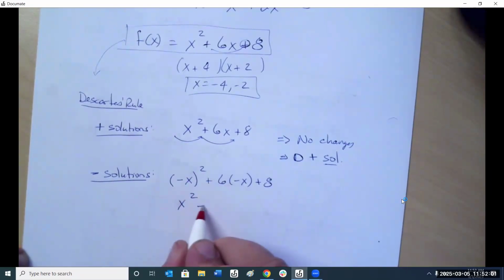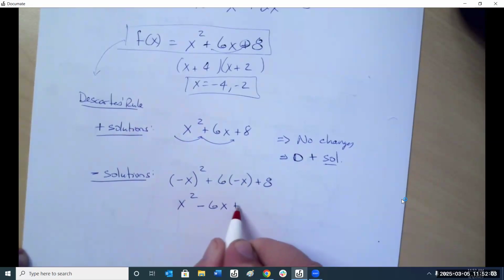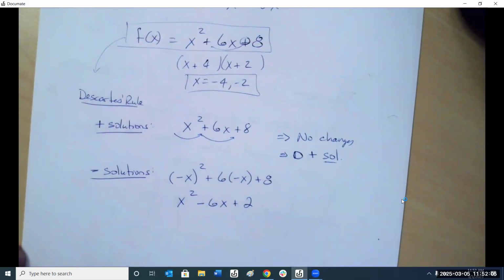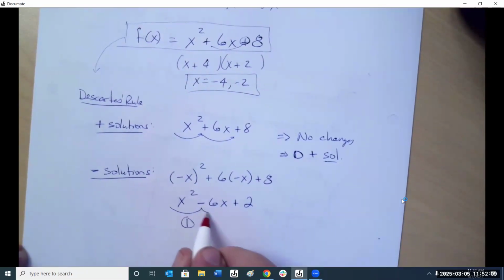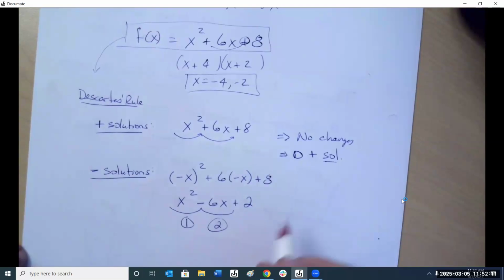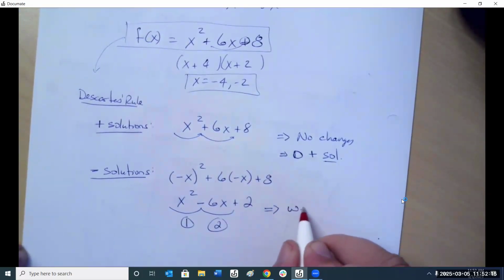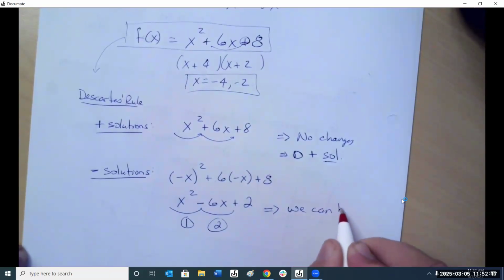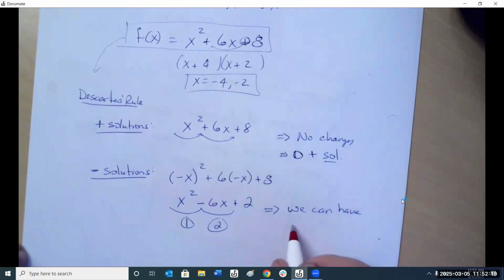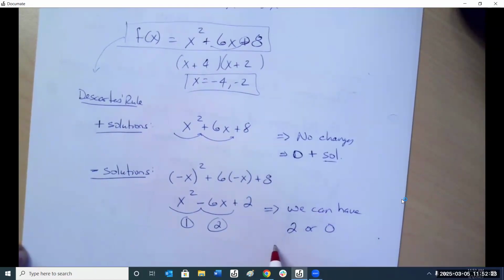Negative and positive is a negative. Is that a sign change? Is that a sign change? So we can have 2 or 0 negative solutions.